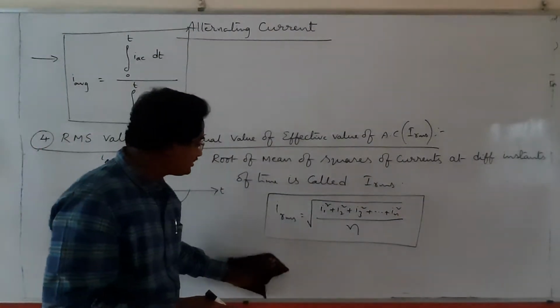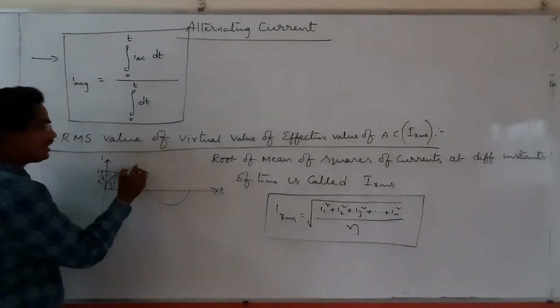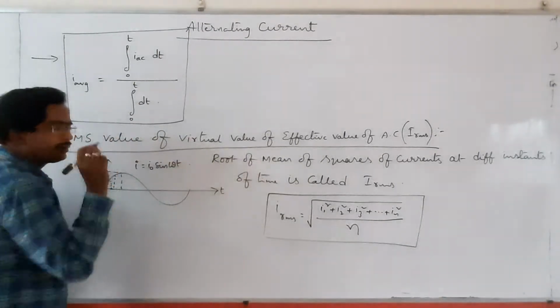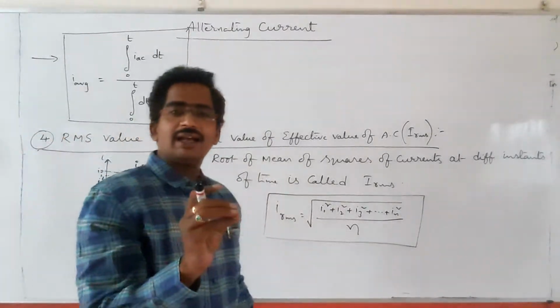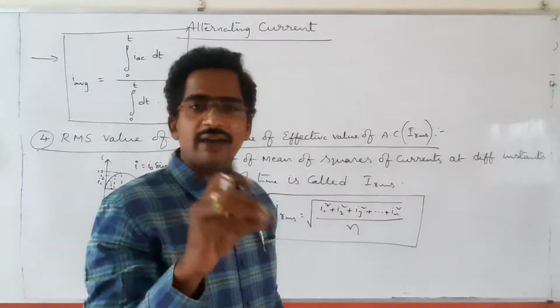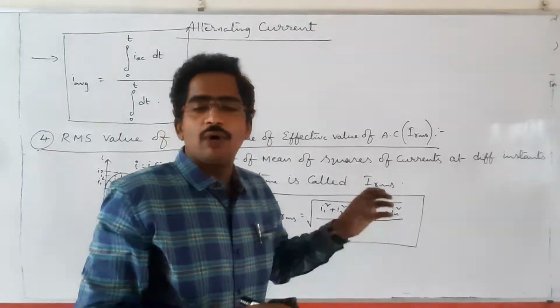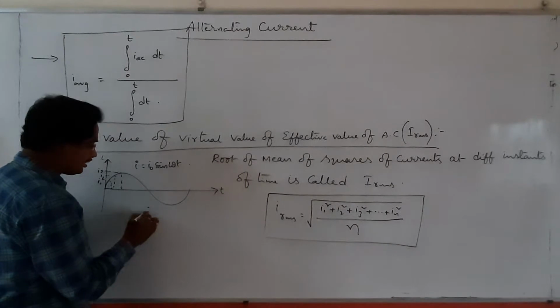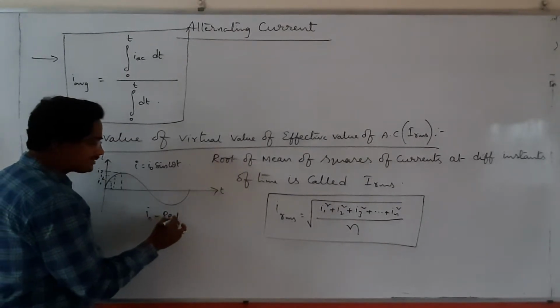Okay. What is the current equation here? I equals I naught sin omega t. Do remember it. Whenever you think of the alternating current equation, you have to immediately recall that formula: I equals I naught sin omega t. I naught is the peak current or maximum current.